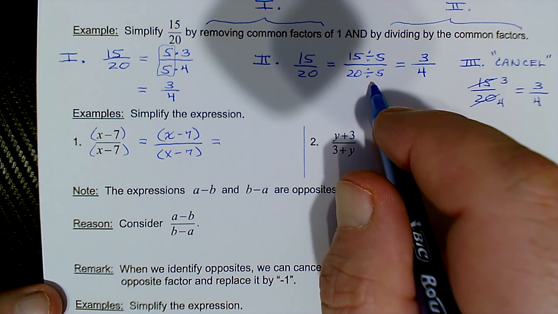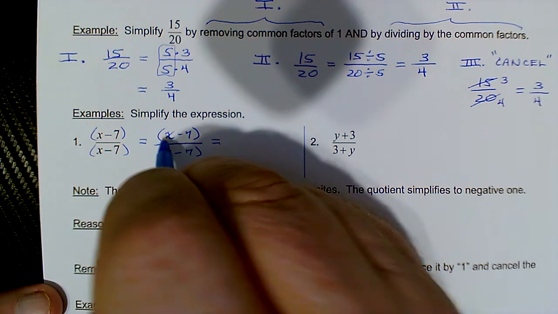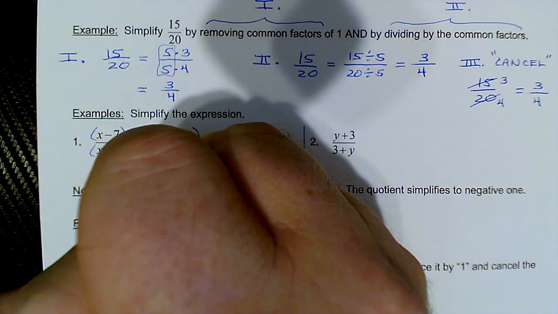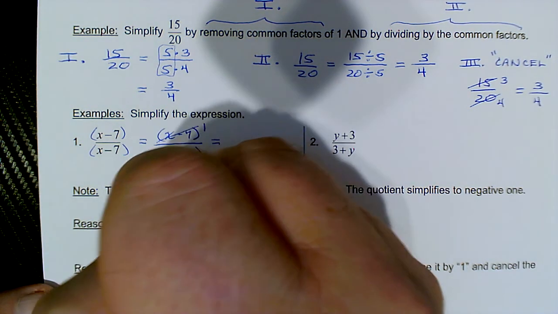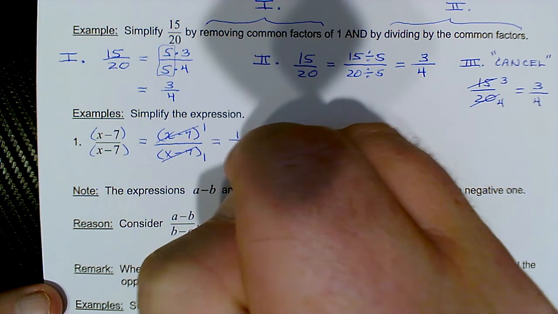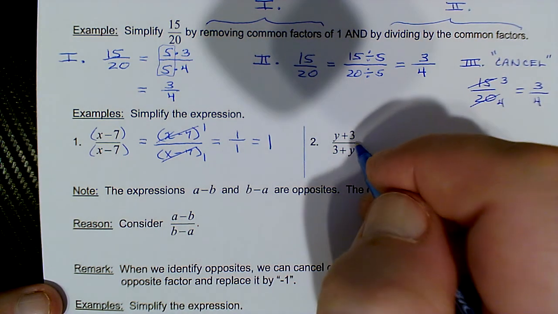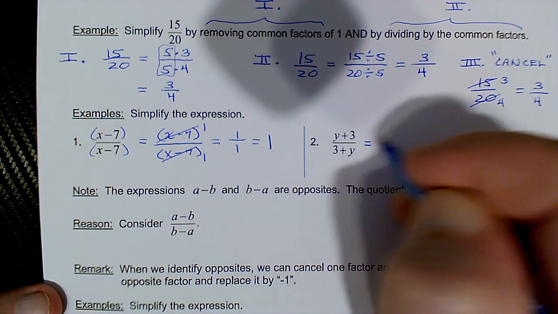The fact that these are common, we'll just strike this out, replace it by a 1, and strike this out and replace it by a 1. So we get 1 over 1 or 1. Now, in this example, we actually have the same binomial. It's just disguised.